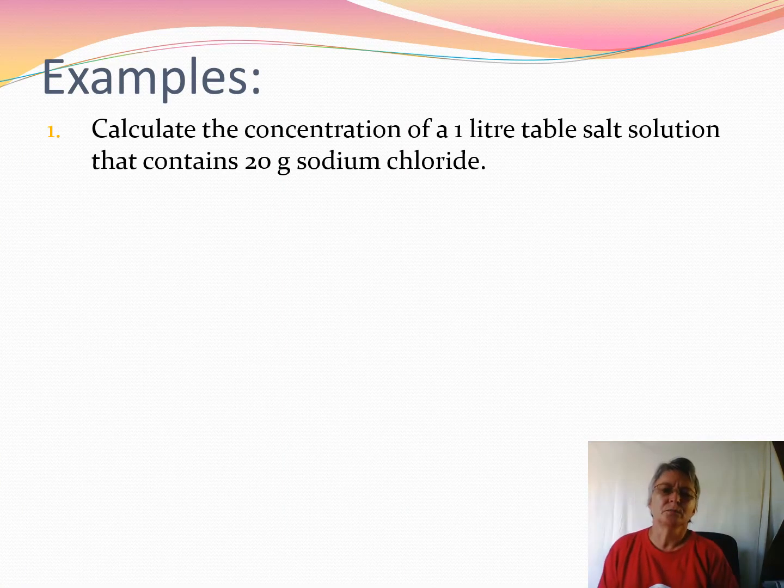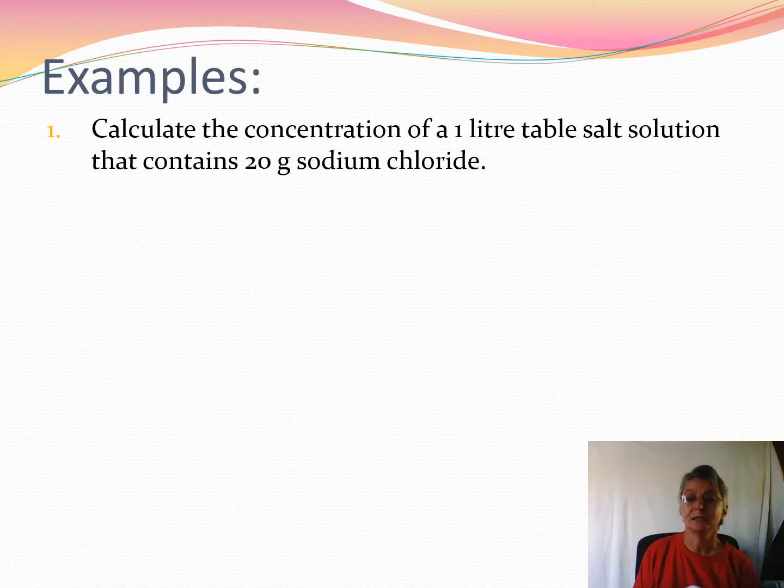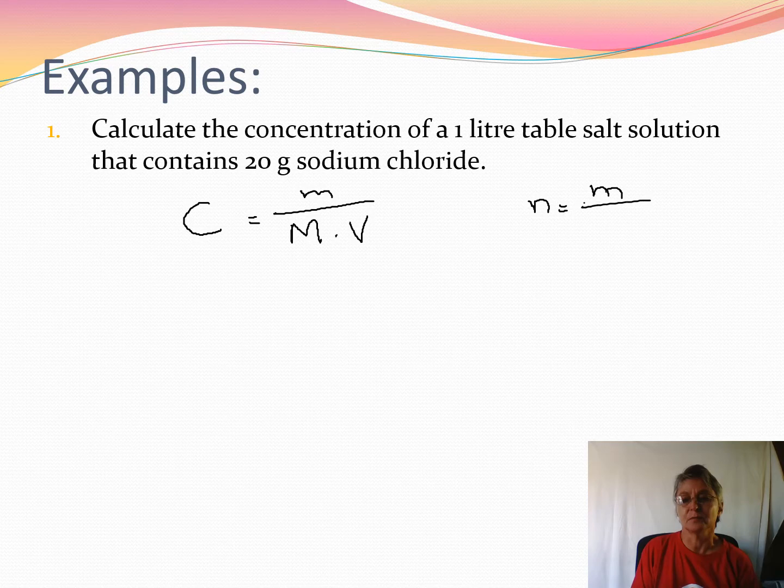The first example is to calculate the concentration of 1 liter of table salt solution that contains 20 grams of sodium chloride. Concentration is mass over molar mass times volume is the equation that I would use, or you could calculate the moles using mass over molar mass and then calculate concentration using moles over volume.